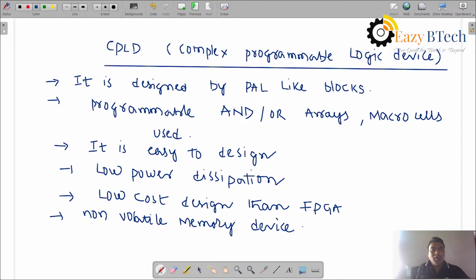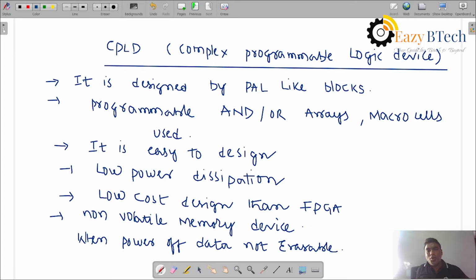So when power is off, the stored data will not erase. It is non-erasable, non-volatile memory stored in this complex programmable logic device.